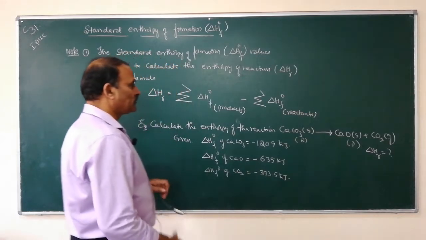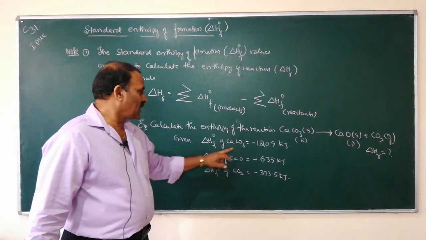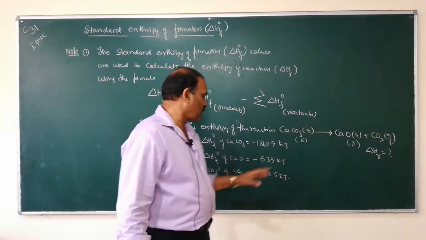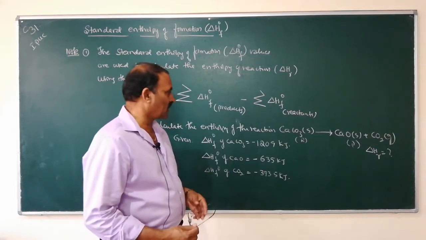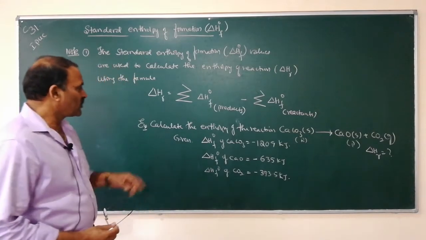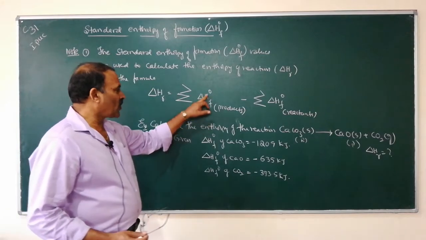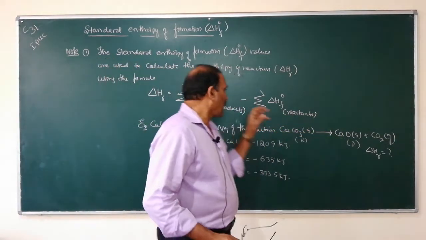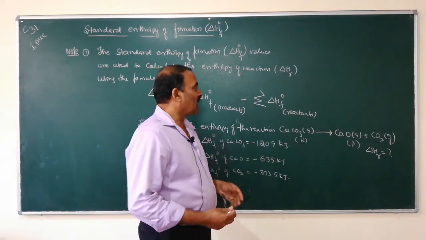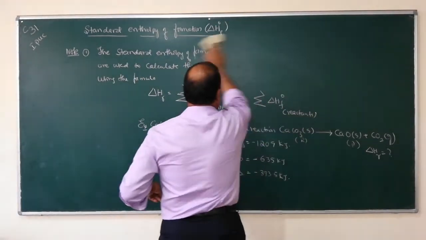Enthalpy of formation of calcium carbonate, calcium oxide and carbon dioxide are given. So what formula we have to use? We have to use delta HR equals sum of the enthalpy of formation of products minus sum of the enthalpies of formation of reactants. So that formula we have to use.